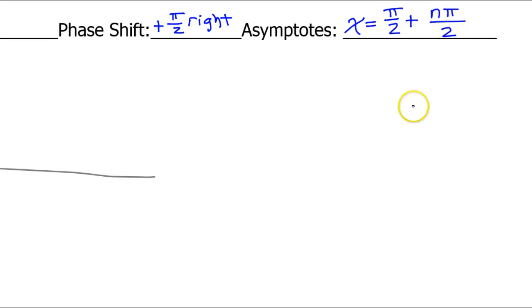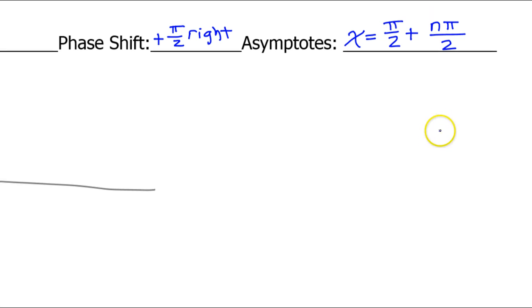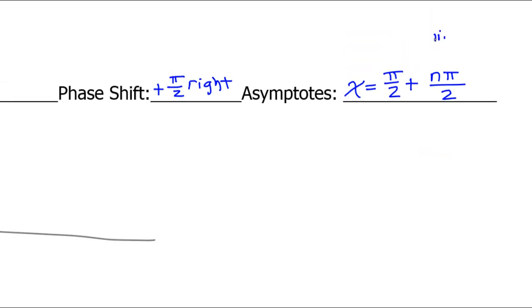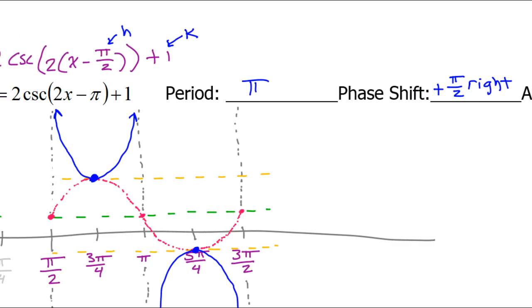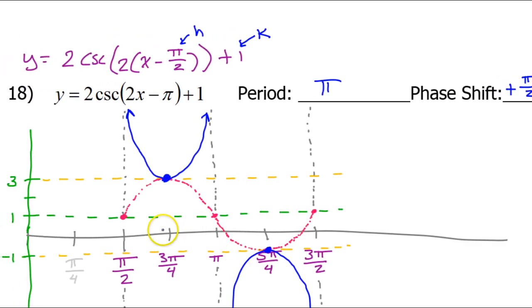And I'm going to let it be known that n is an integer, meaning it could be a positive number like 1, 2, or 3, or a negative number like -1, -2, or -3, or 0. So depending on the value of n, this equation will give me any and all of the asymptotes going to the right and to the left.